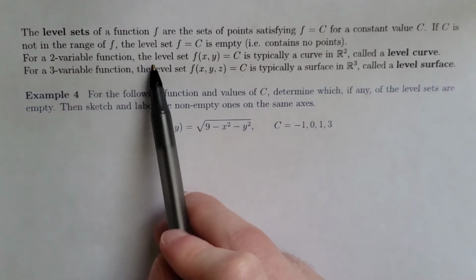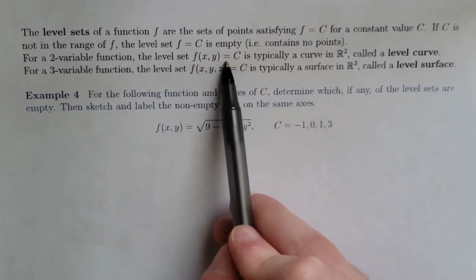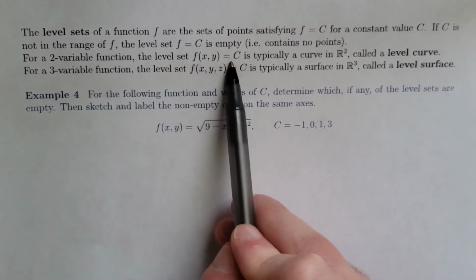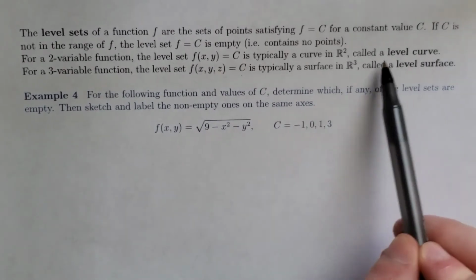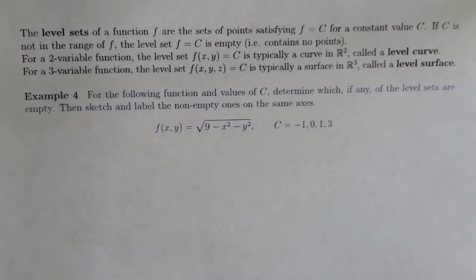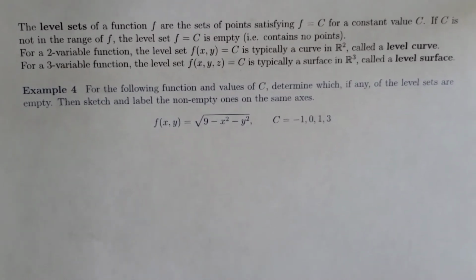And for two variable functions, we can usually draw a three-dimensional object, but by hand that's kind of hard. So if we draw a two-dimensional level curve, that is usually an easier way to represent what's happening in the function. So let's go ahead and do that, and we'll see how this works.